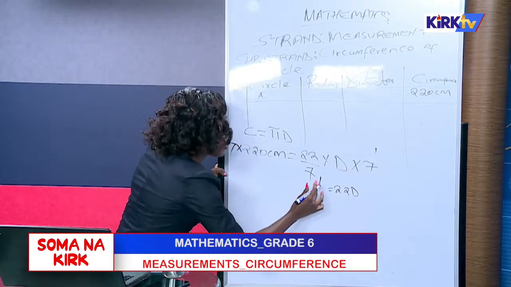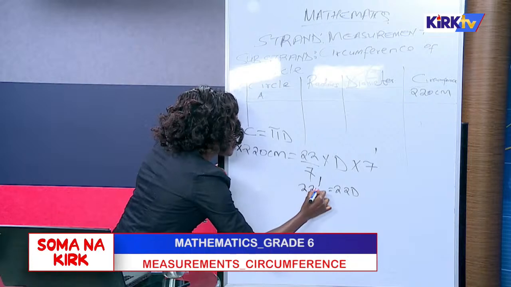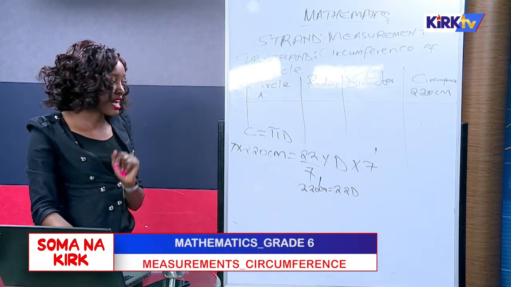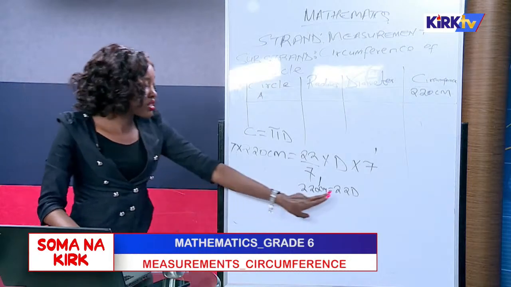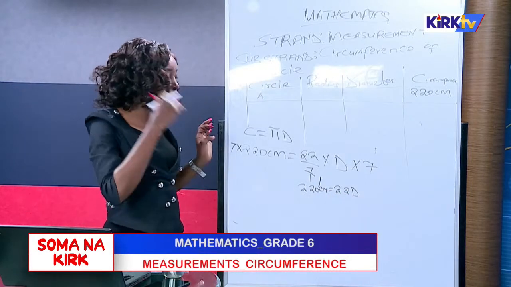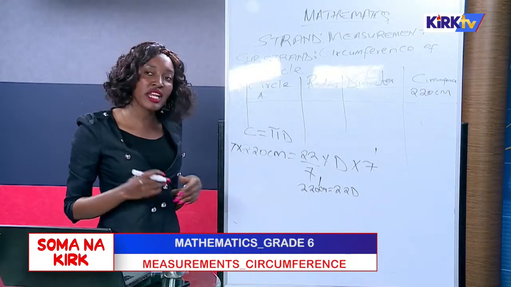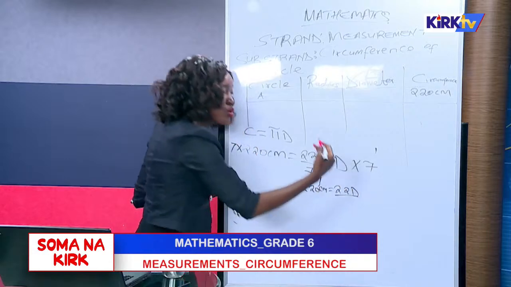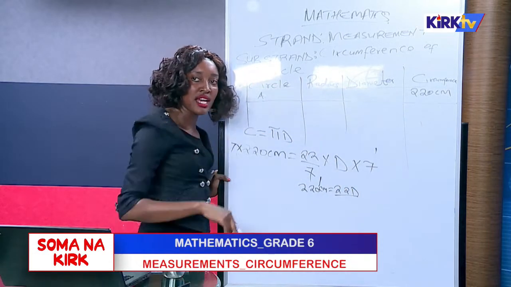is equal to 220 centimeters. We want the diameter. So what are we going to do? The diameter is on our left side, so we're going to remove 22. And how are we going to do that? By division. Whatever you do to the right, do it to the left.